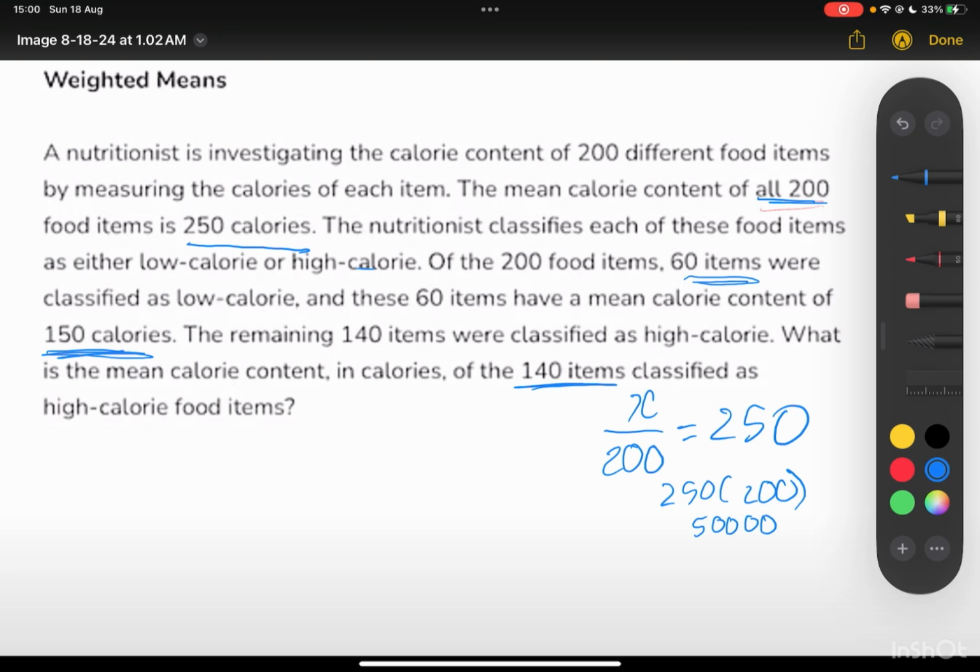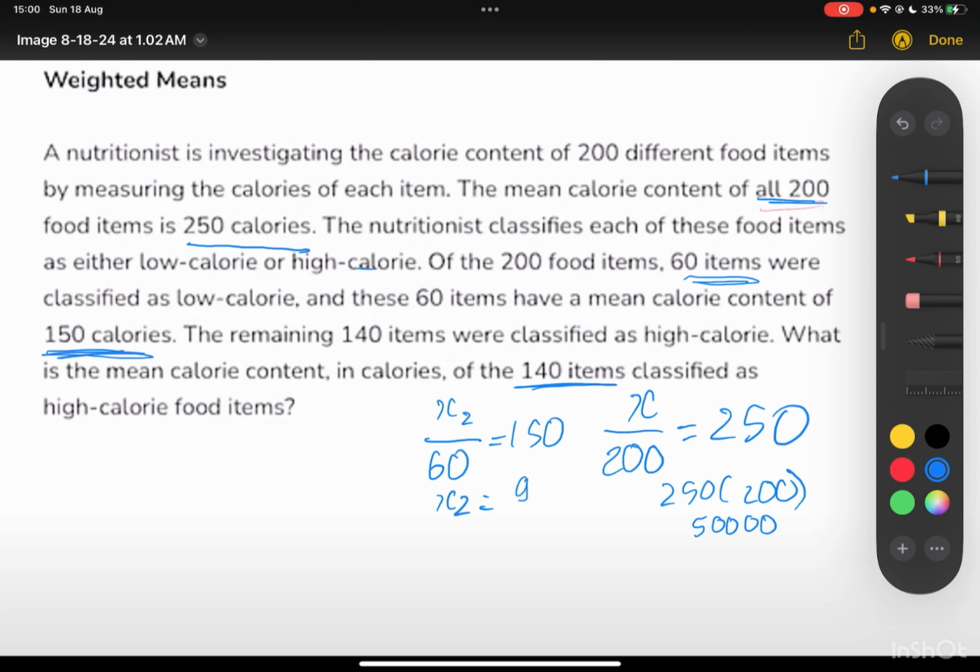So for the 60 food items, we're going to have the mean of 150 calories. So we're going to have x2 for the total number of 60 items divided by 60. It's going to be a mean of 150 calories. So in order to find the total number of calories for 60 items, I'll take 150 times 60.